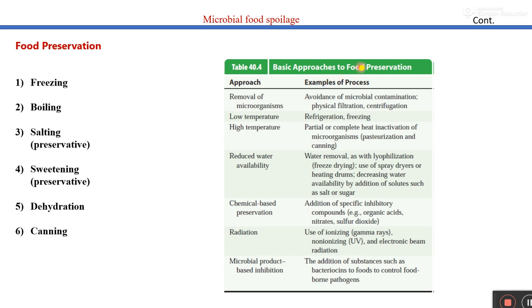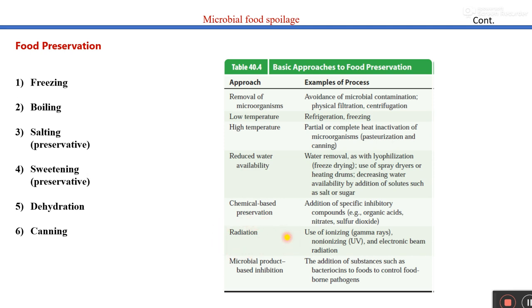In this table you can also see the different approaches through which you can preserve your food, and these approaches are removal of microorganisms, applying low temperature, high temperature, and reduced water availability, that is dehydration. There are some chemical based preservation methods through which you can prevent your food from food spoilage. You can apply radiation to your food.